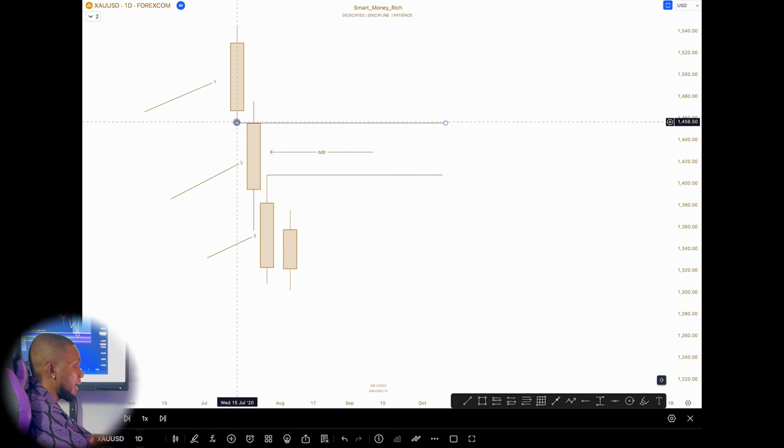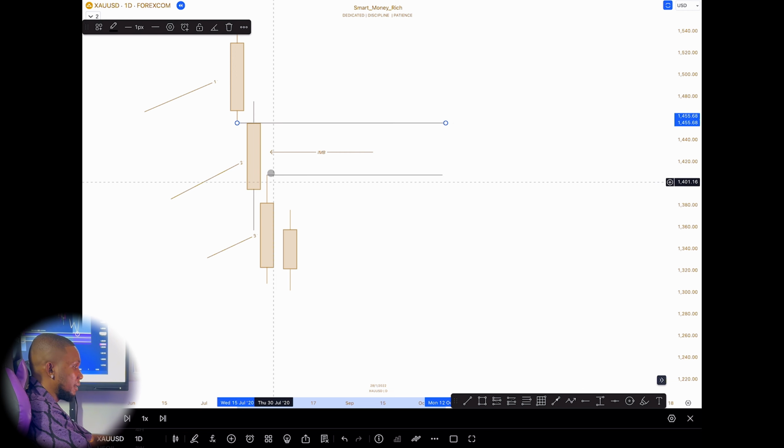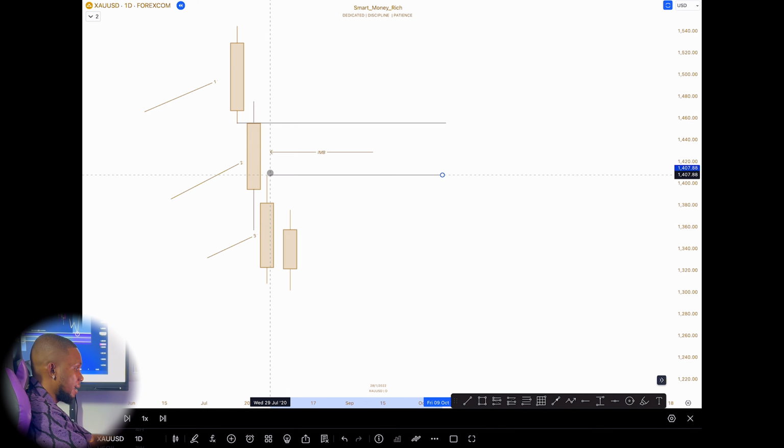You notice that this is the candle wick low right here, and this is the third candle's high. You see? Now you see that this very candle right here did not touch this one. It did not, right? It ended here.